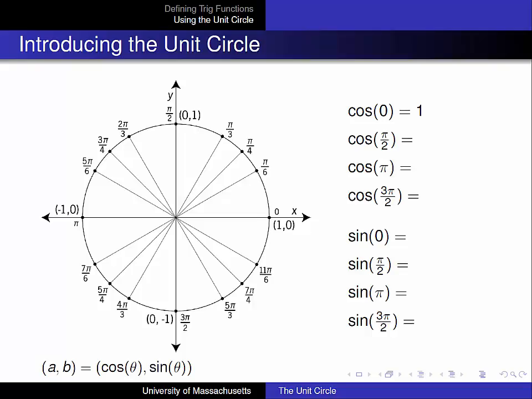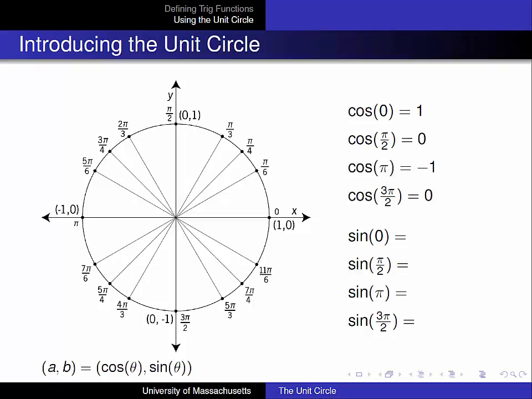Again, cosine is the first coordinate, so cosine of pi over 2 is 0. Now for cosine of pi, pi brings us to the point -1, 0. Cosine, being the first coordinate, gives us cosine of pi is -1. And now for the last one, we're at cosine of 3 pi over 2, so we're at the point 0, -1, and so we have 0.